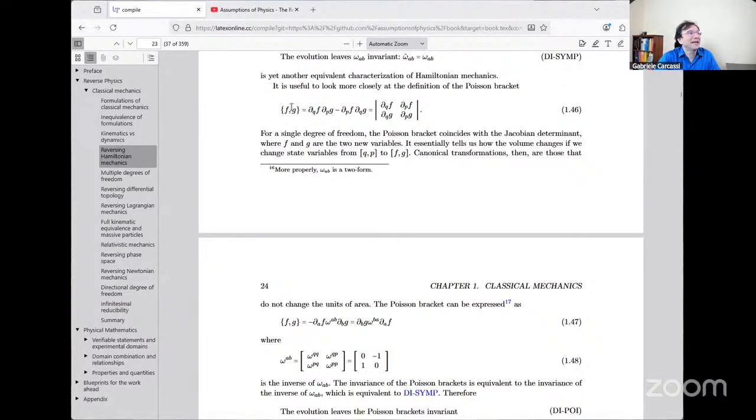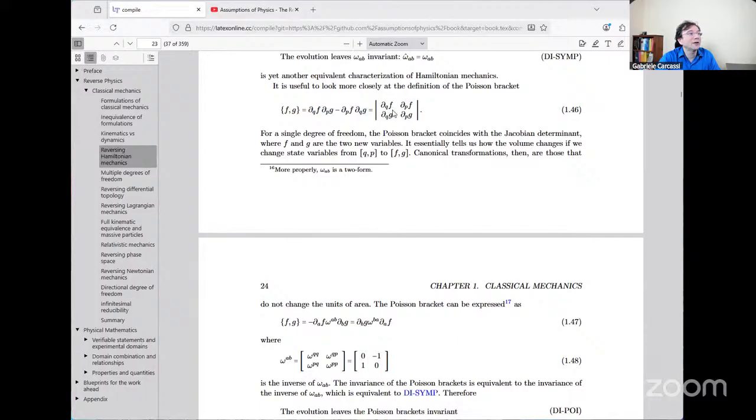You have two functions of Q and P, in this case F and G, and you take the partial derivatives of F and G first with respect to Q and P, and then a minus, and then you invert either the P and Q or the F and G, depending on how you prefer. Here I'm keeping F and G the same, but you can see that the P and the Q are different.